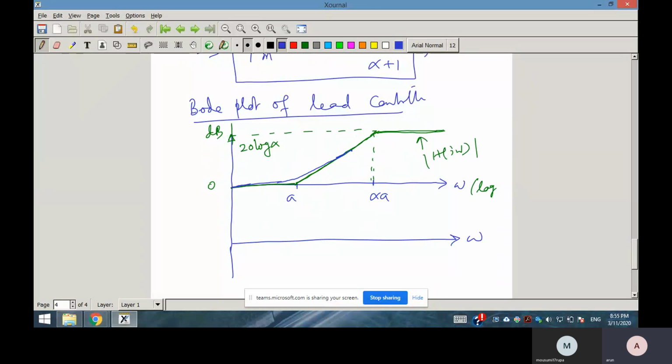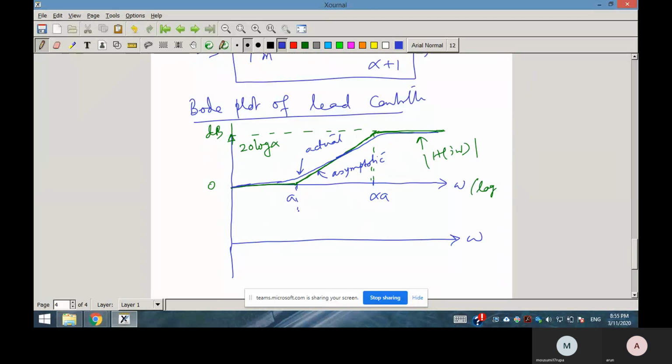So this is your actual plot, and this is asymptotic. We are not bothered about whether it is actual or asymptotic; either will suffice.